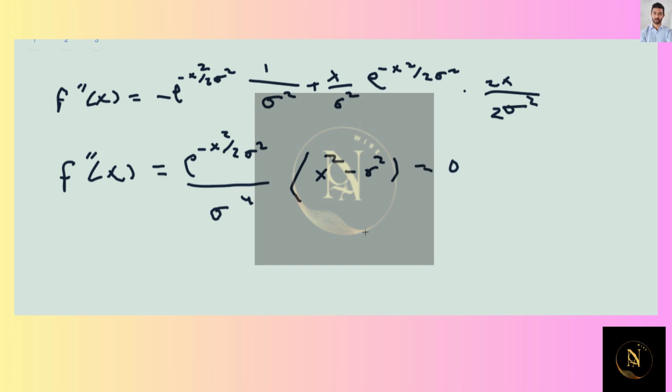The exponential cannot equal 0, so x squared minus sigma squared equals 0, which gives x squared equals sigma squared. Take the square root and you get x equals plus or minus sigma. So that's the inflection point.